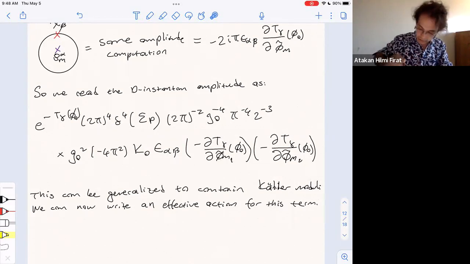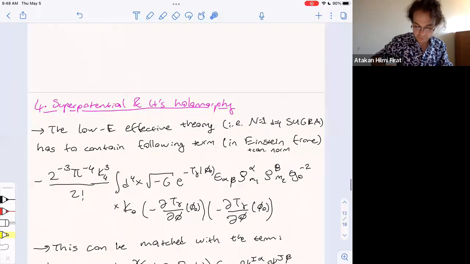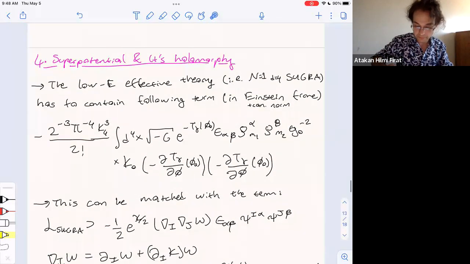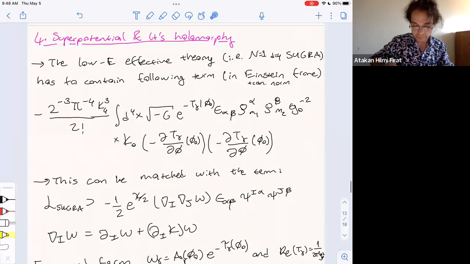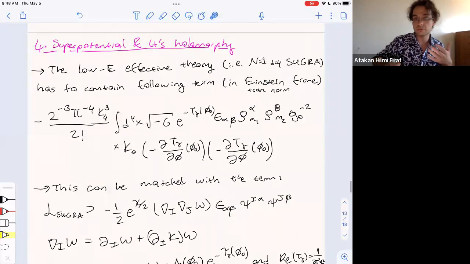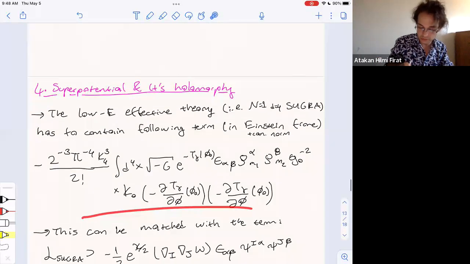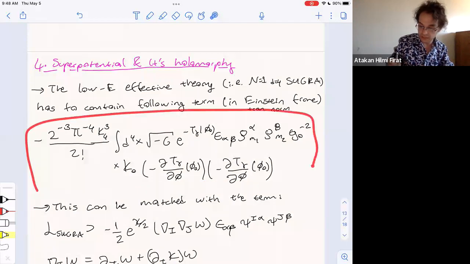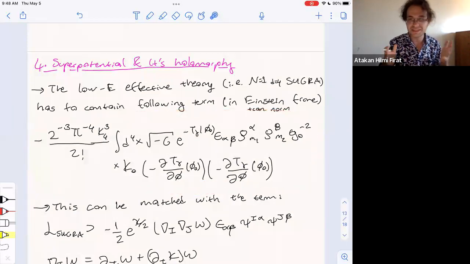Okay, so let me move on to the superpotential and how we compute it. As I said, I can write a term in an effective theory whose vertex is going to generate the amplitude that I wrote. The expression is not really important.